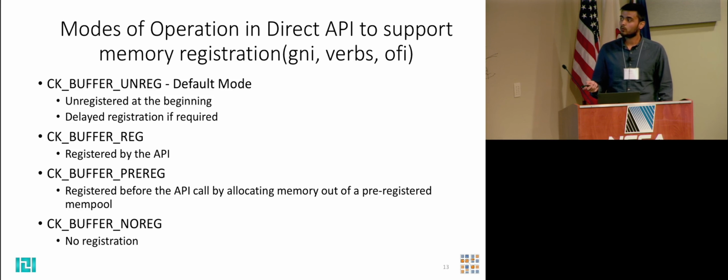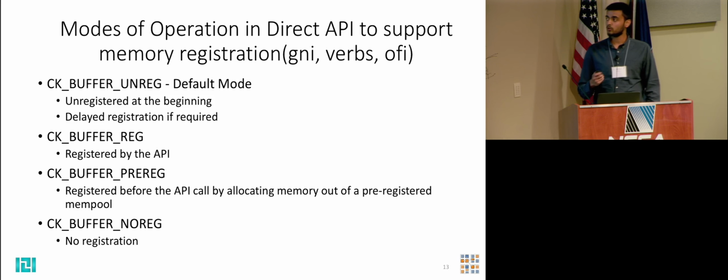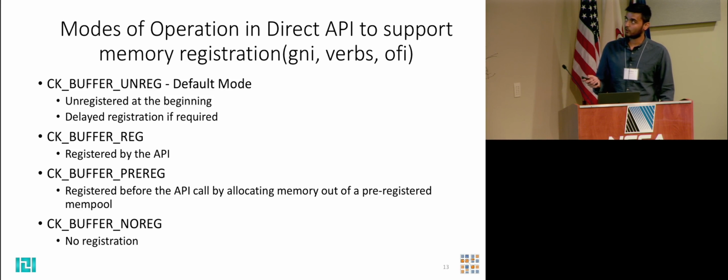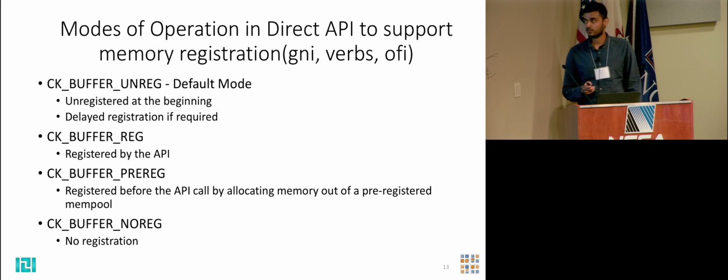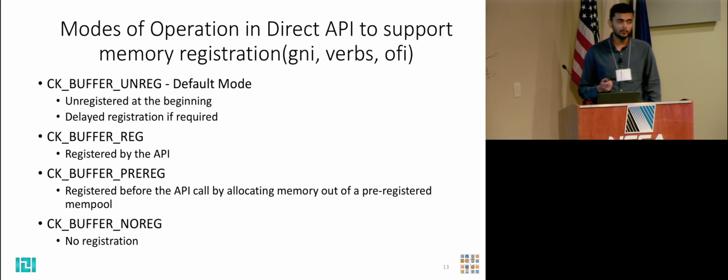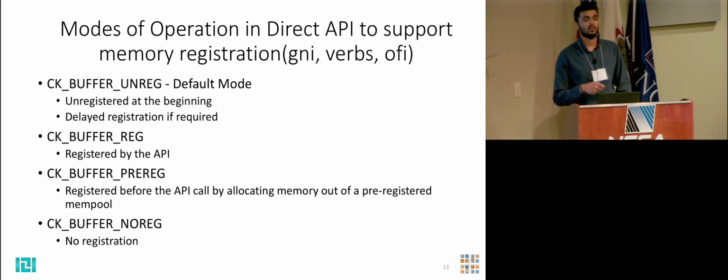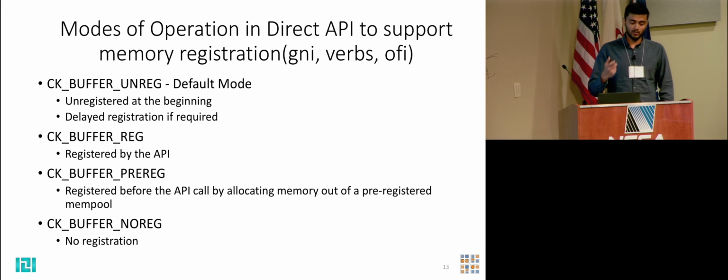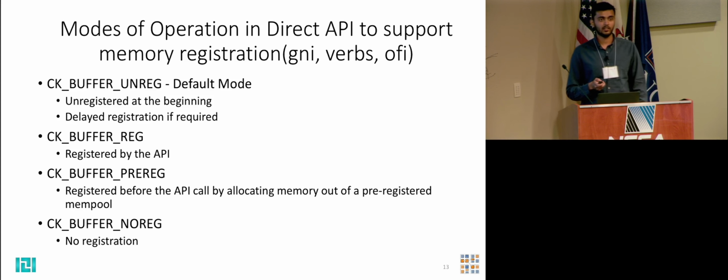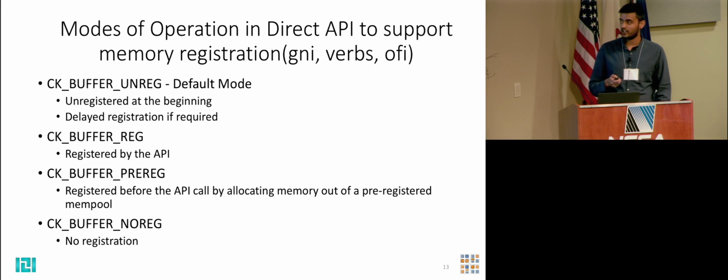And the next mode is the pre-reg mode, which can be used on the GNI and the verbs platforms, specifically because we have a pre-registered mempool. The pre-reg mode allows you to allocate from this pre-registered mempool using CK-RDMA alloc, and CK-RDMA free to free them.